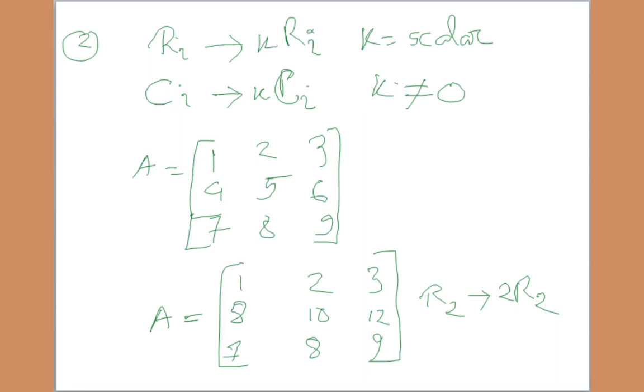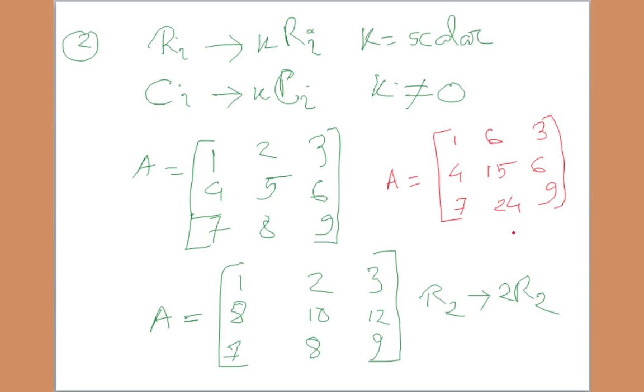Suppose we multiply the second column by a number 3: the columns become 1 4 7, 3 2s are 6, 3 5s are 15, 3 8s are 24, and then 3 6 9.